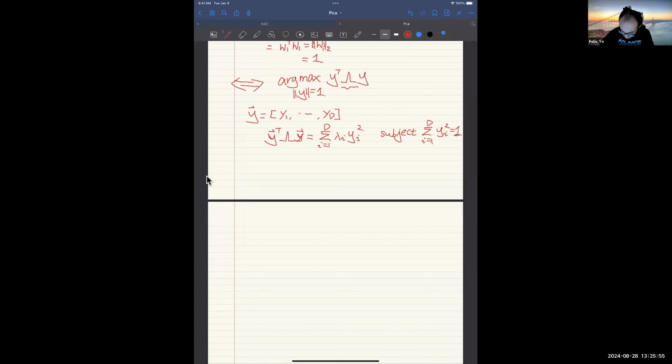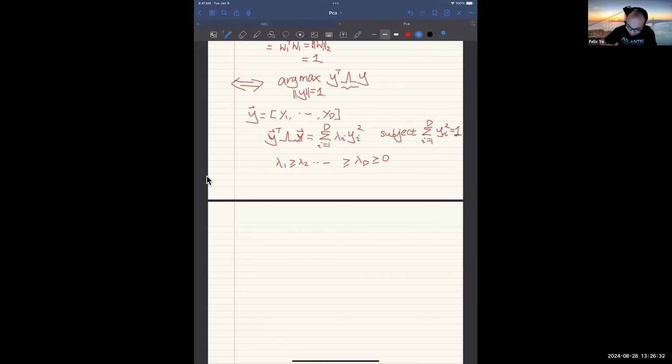And we know all these lambdas are ordered in decreasing order. So that means lambda 1 is bigger or equal than lambda 2, and so on, bigger or equal than lambda d, which is bigger or equal than 0. So what we can do is allocate the weight of y1 to yd such that we maximize this whole component.